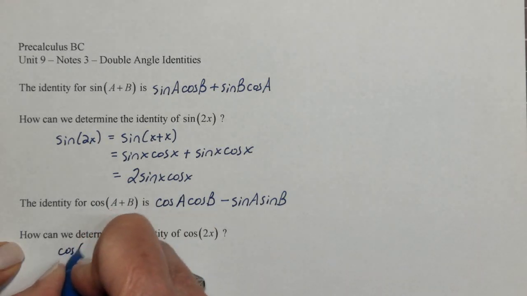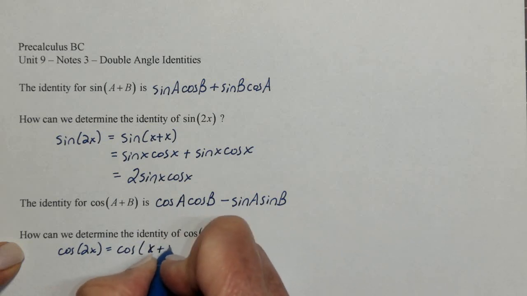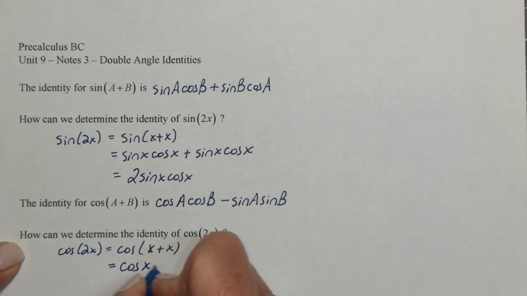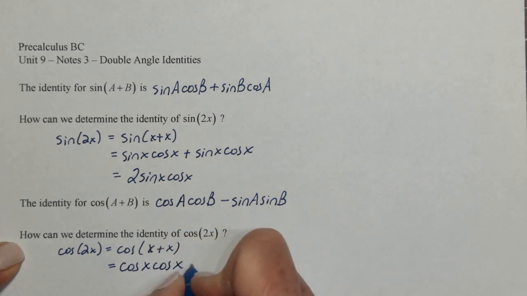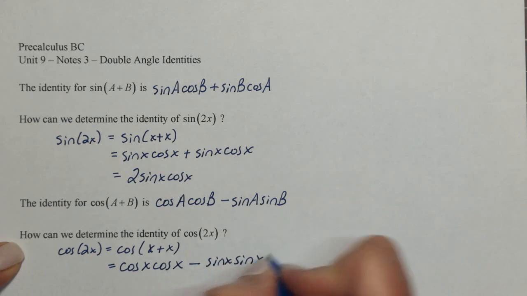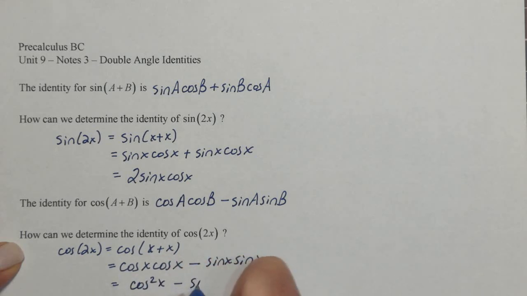Well, cosine of 2x would be cosine of x plus x, which would be cosine of the first times cosine of the second minus sine of the first times sine of the second, and that is cosine squared x minus sine squared x.